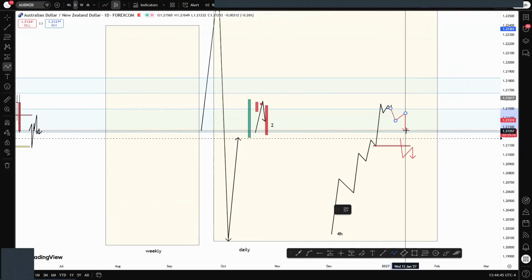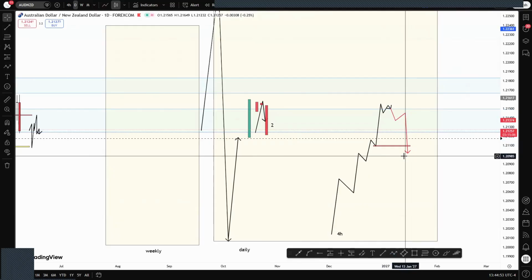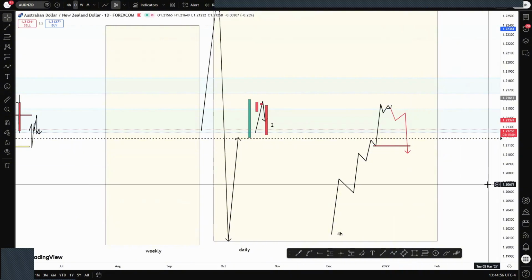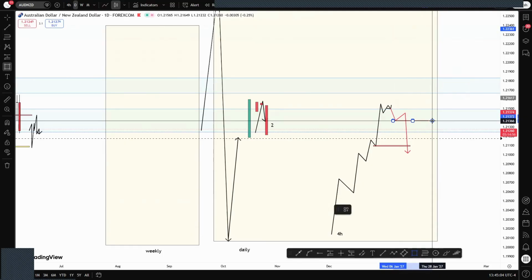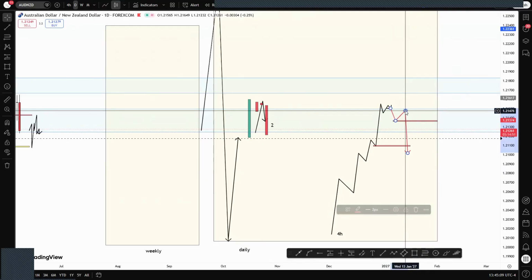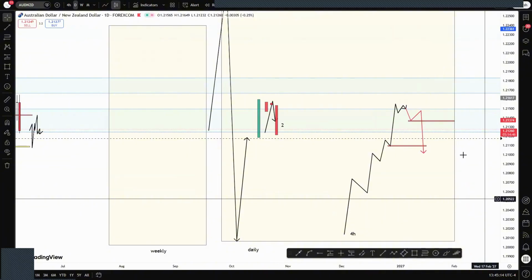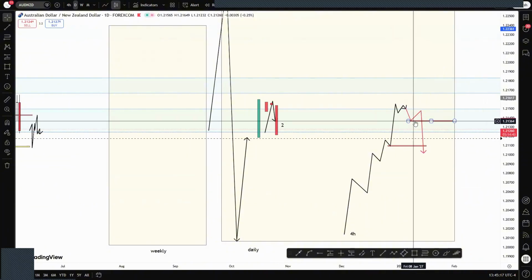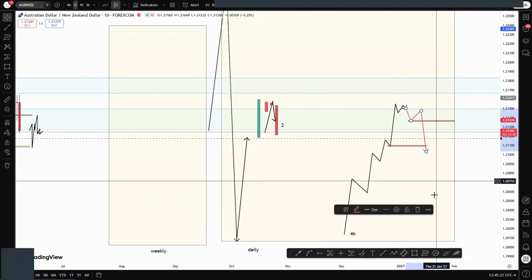If price breaks below in this way, yes, we'll be bearish, but then we have to wait for price to come back here to then sell, because this is the last OG point where I can sell. Because if this was the weekly or daily, this is why you'd be looking for sales if price broke below the lower higher low, right?